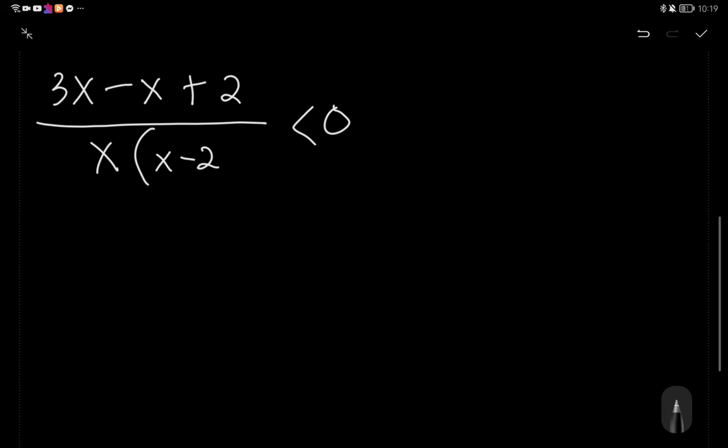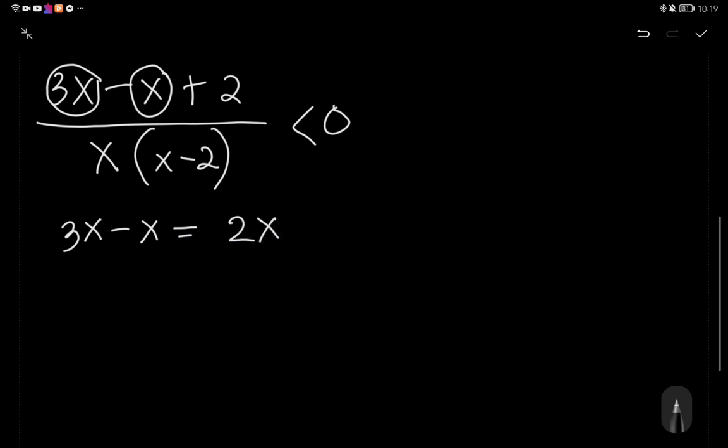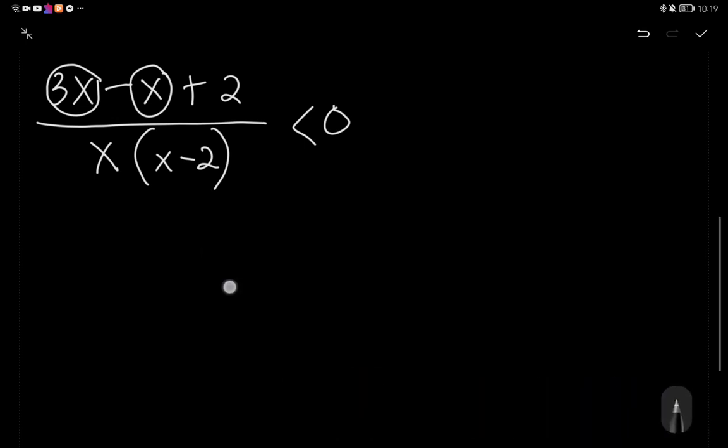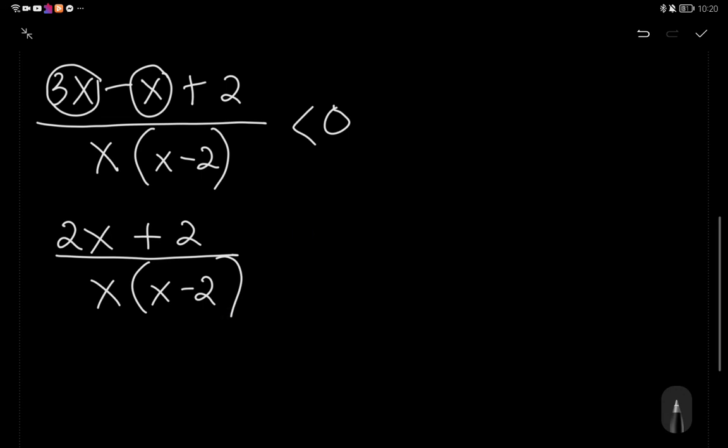Now, combine like terms. Ang atong makombine is 3x minus x. So, that is 2x. So, we can write the inequality as 2x plus 2 over x times x minus 2 is less than 0.